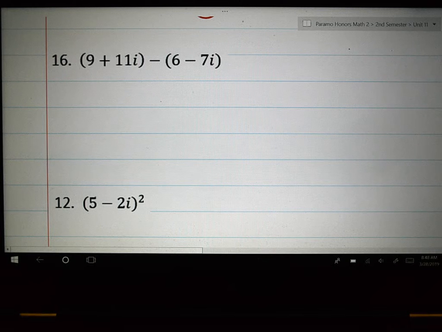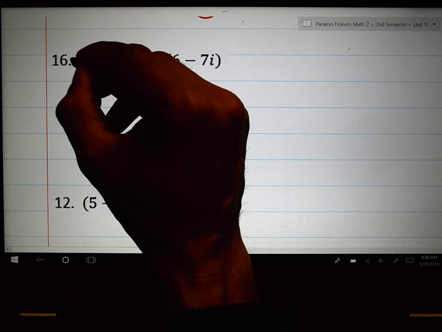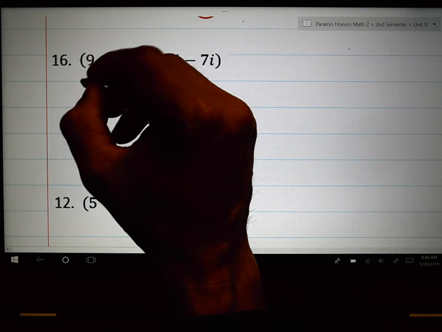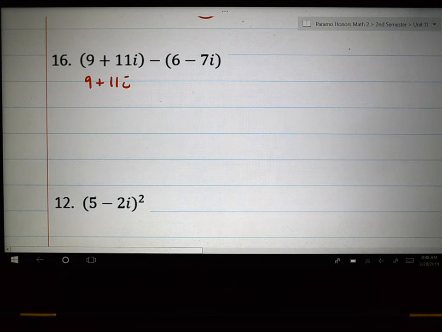Not harder. Other kind of problems that you're going to have to deal with is how do I deal with imaginary units i, and remember they can only combine, add, or subtract with other i's. 9 plus 11i, if there's nothing in front that needs to multiply in or exponents outside, we don't need those parentheses.